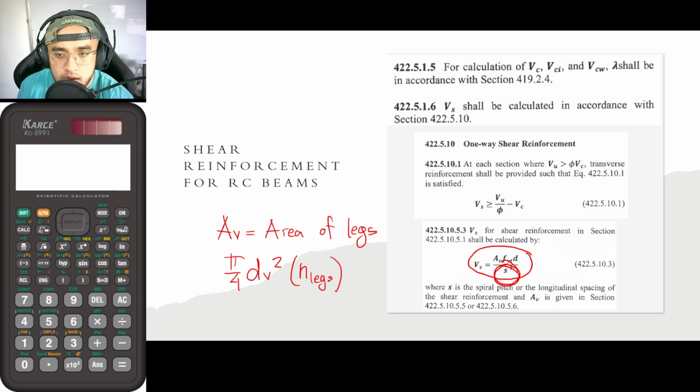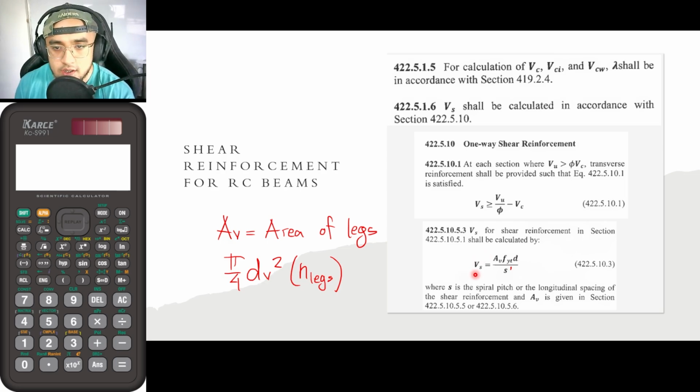Okay. So what about fyt? What is fyt in the first place? When we say fyt, this is the yield stress of the transverse stirrups, I should say, the transverse reinforcement. And for d, that is depth. And Vs is, of course, the required shear strength of the steel.